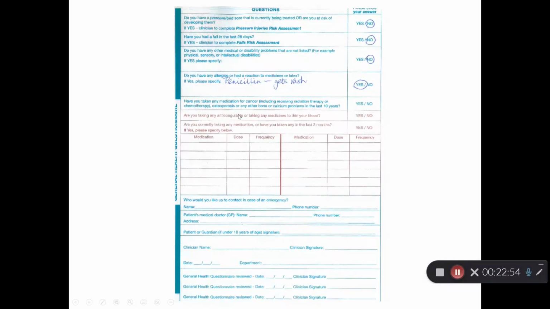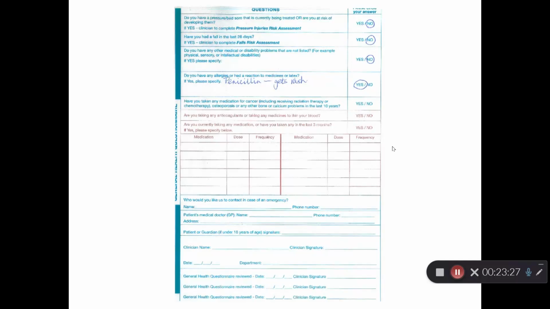Are you taking any anticoagulants or taking any medicine to thin your blood? So once again, if we were doing an extraction, we don't want continuous bleeding. We want them to clot. Definitely we have to be aware of any blood thinning types of medications and manage it. I'm not going to talk about the management and what we would do if we needed to do an extraction. You'll learn about that later in the course.